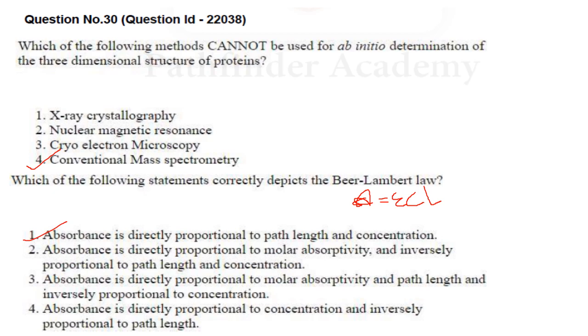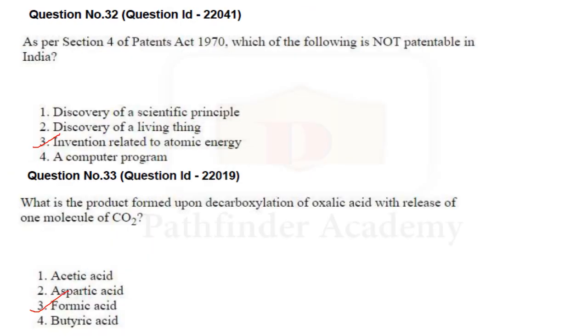If you remember this formula, then you will come to know that absorbance is directly proportional to concentration and path length. Epsilon is the molar coefficient, the molar extinction coefficient. So the answer here is absorbance is directly proportional to path length and concentration.